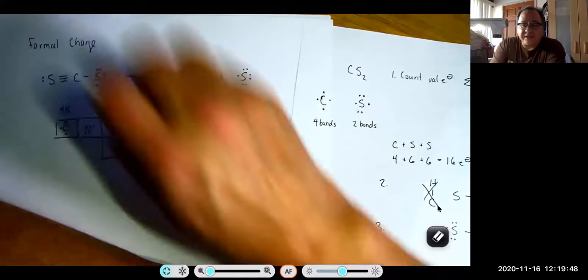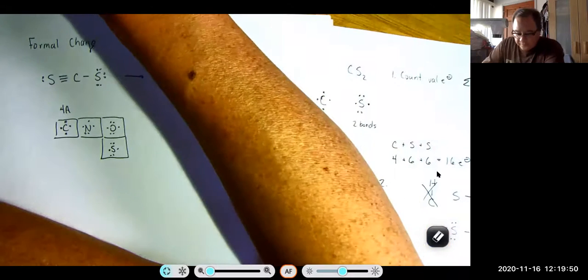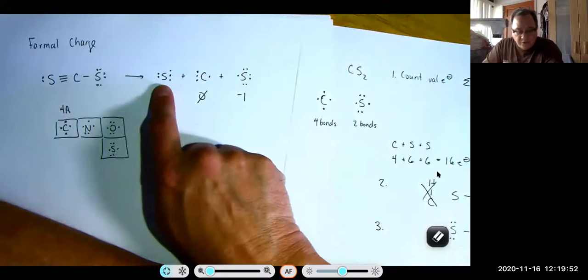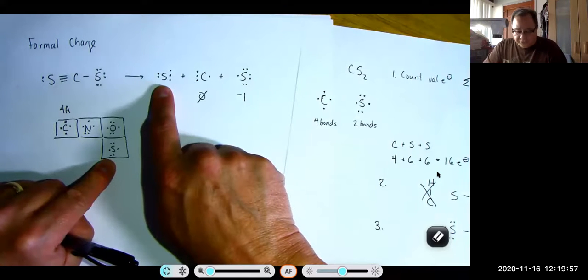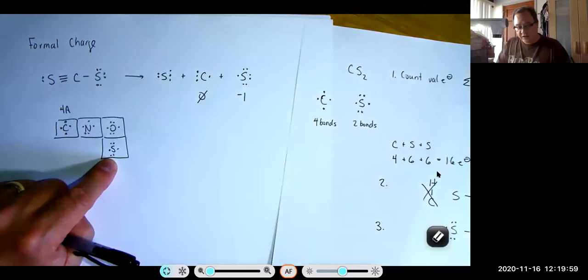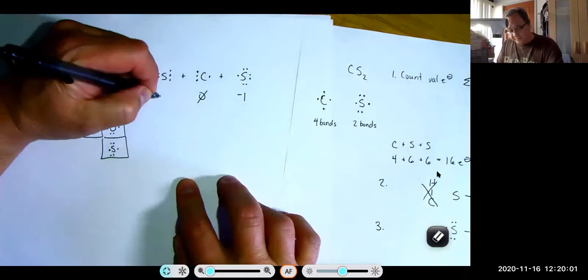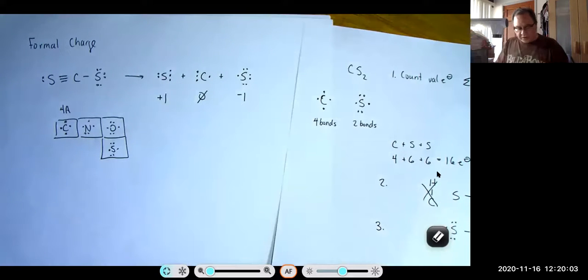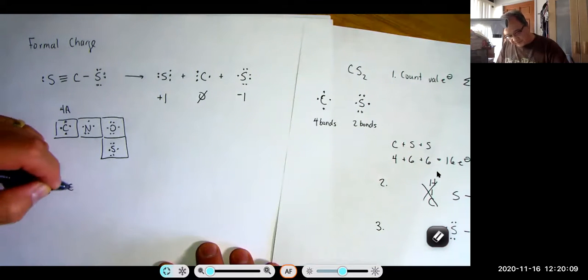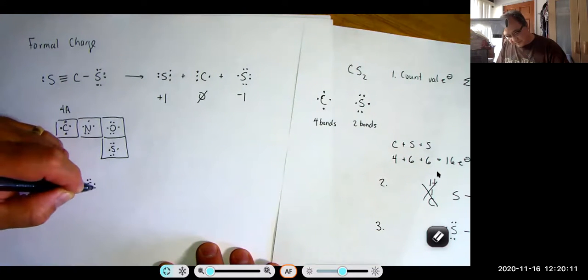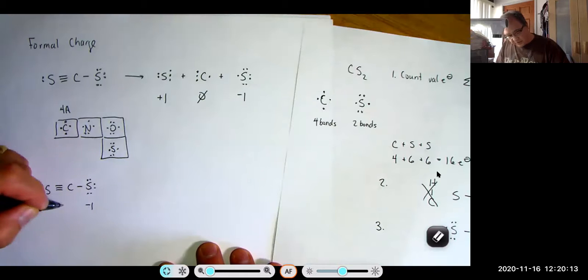And then lastly, if we look at this other sulfur, do you see how it has 5 valence electrons? If it's neutral, it's going to have 6. What happens to the charge if you take one away? Well, it becomes +1. So when we look at this one, the formal charges are as follows: -1, 0, and +1.